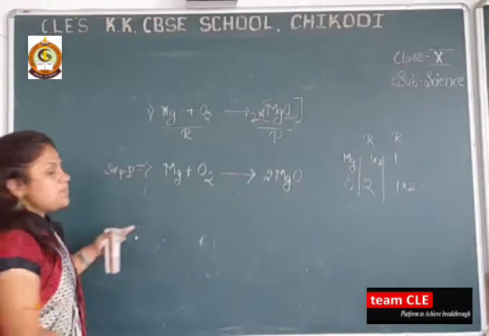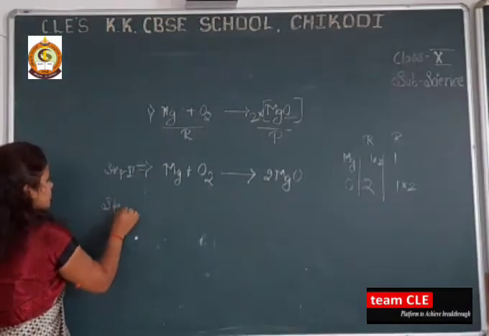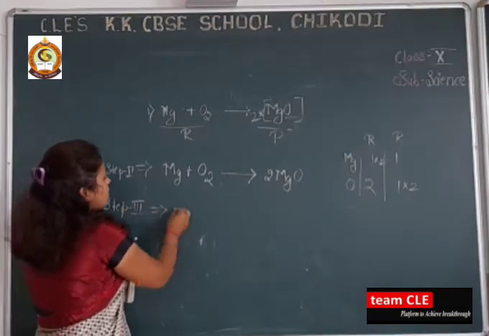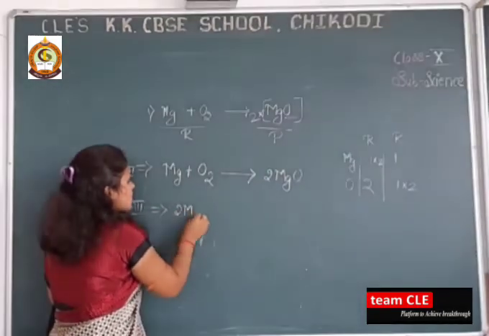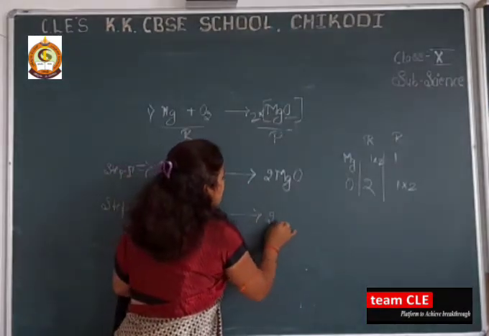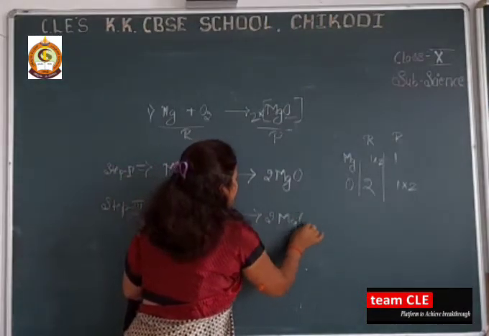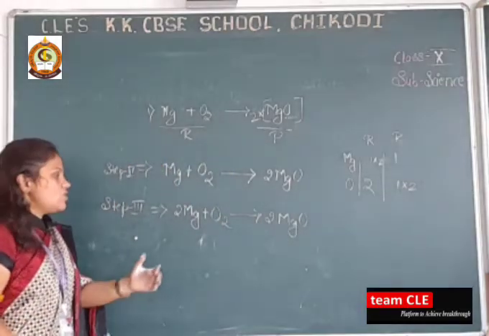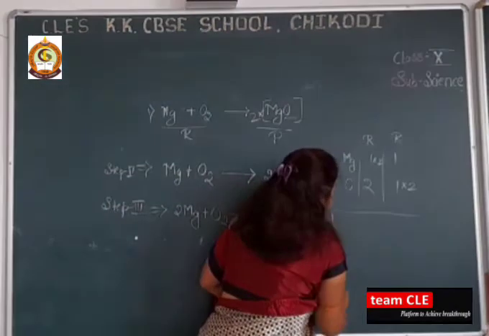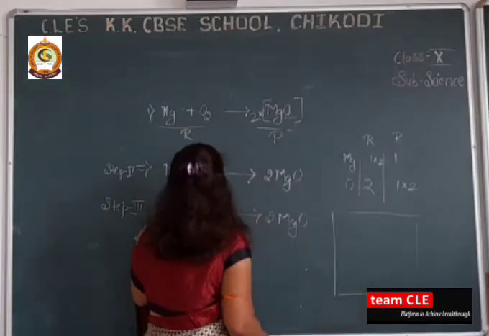Then in step 3, what happened? We can write 2Mg plus O2 gives 2MgO. Okay, so now just count the numbers. Once again I am writing here, count the numbers.